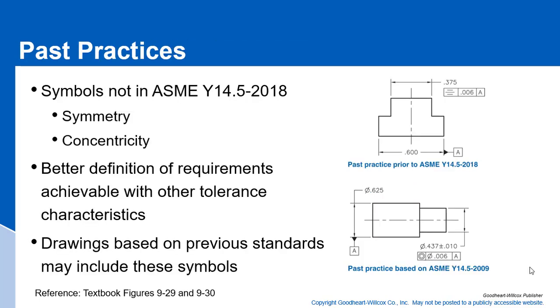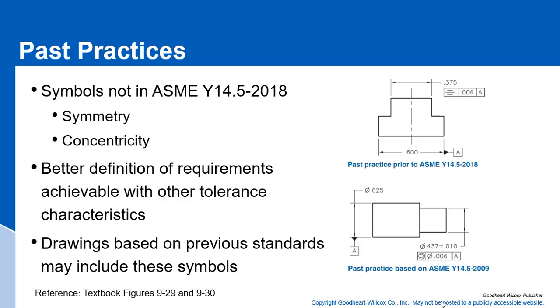Now the concentricity, like symmetry, was always applied regardless of feature size. Now we use true position here, and we can specify it regardless of feature size, regardless of material boundary if we wanted to, or we can specify it using the MMC modifier if we wanted to.